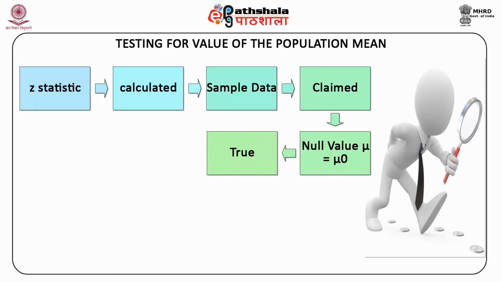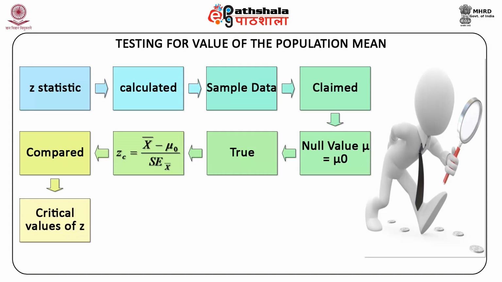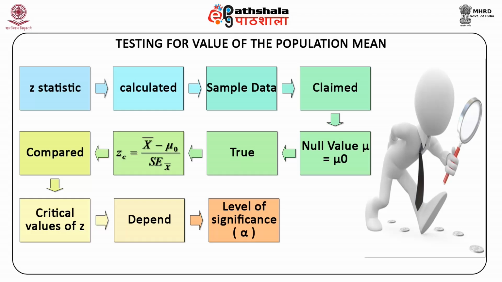That is, the calculated value of Z is equal to x bar minus mu naught upon the standard error of x bar. This is then compared with the critical values of Z. The Z critical values will depend on the level of significance alpha selected for the test and on the alternative hypothesis, that is, whether it is a lower tailed, upper tailed, or two-tailed test.